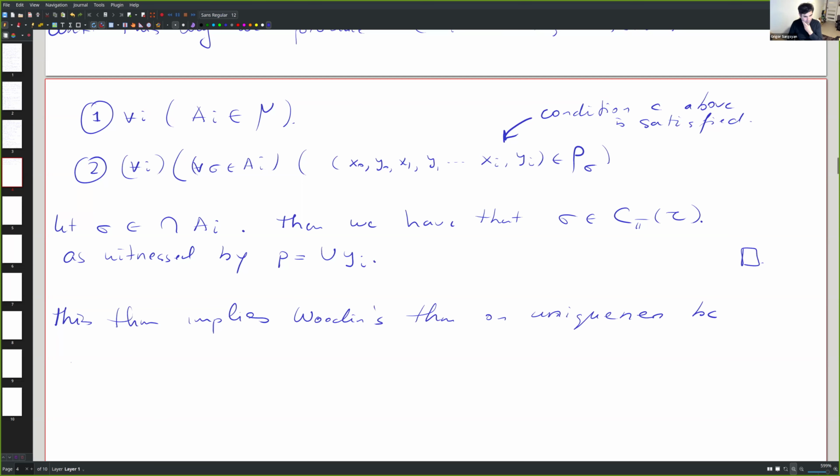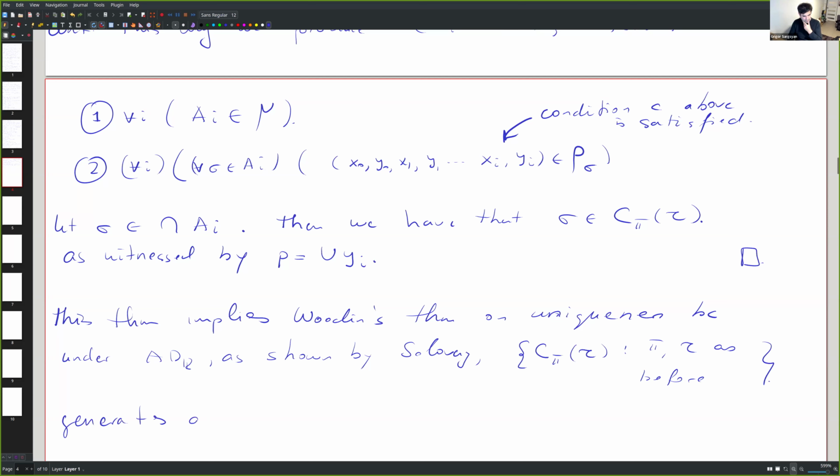Because under ADR, as shown by Solovay, that's what we proved last time, the set C pi tau, as before, generates an ultrafilter, a supercompactness measure. And so there is only one measure.